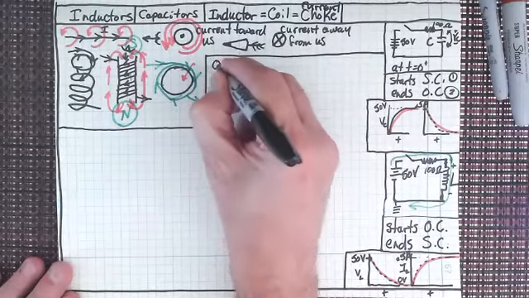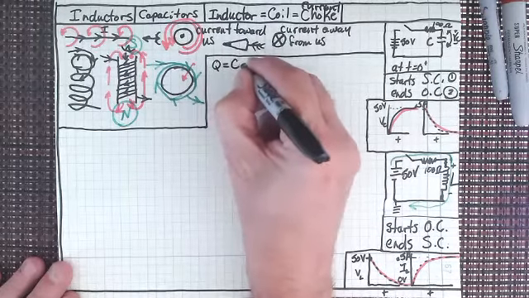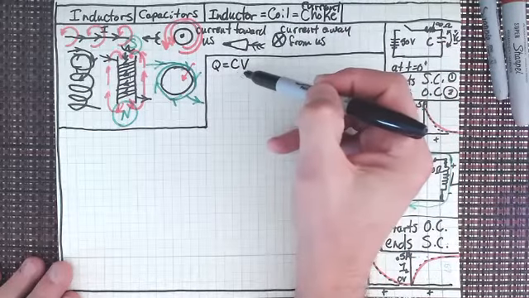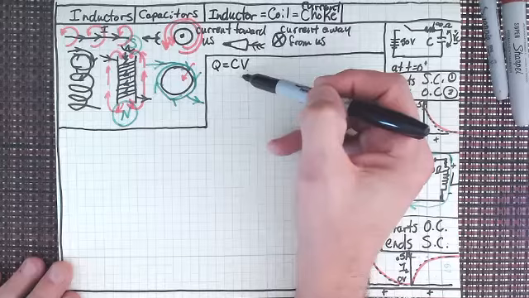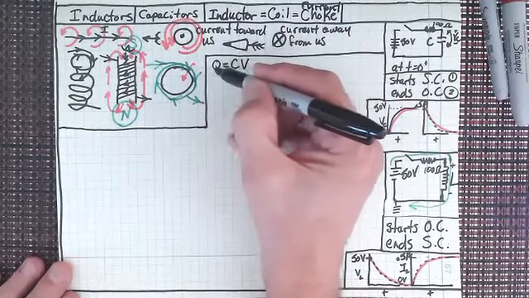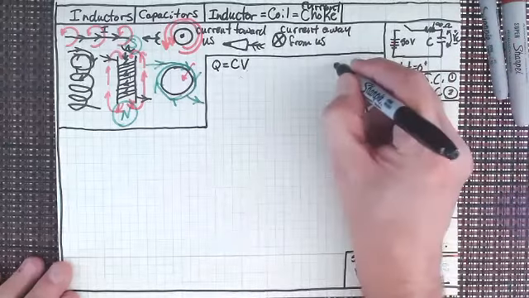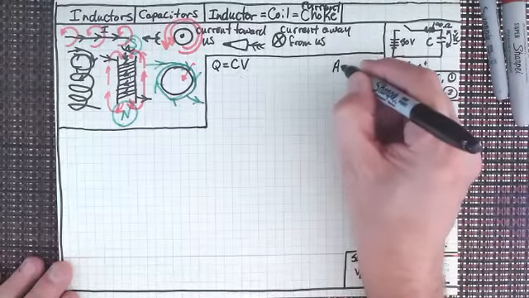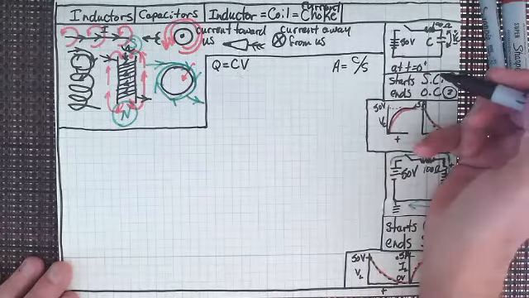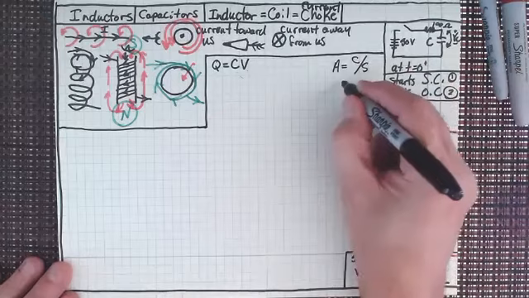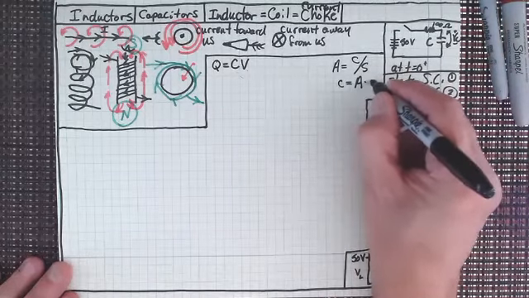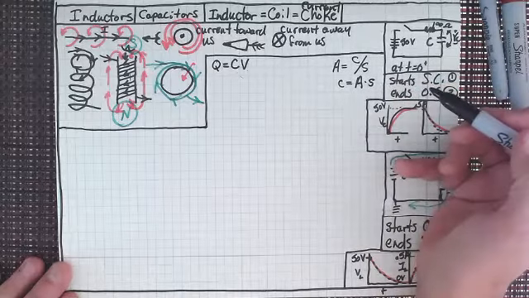I said before that Q equals C times V. Charge equals capacitance times voltage, right? What if I took Q? Where have we seen that before? That's charge. Isn't an amp equal to a Coulomb per second? Wouldn't that make a Coulomb equal to an amp second, right?